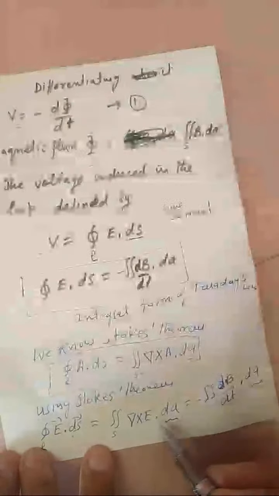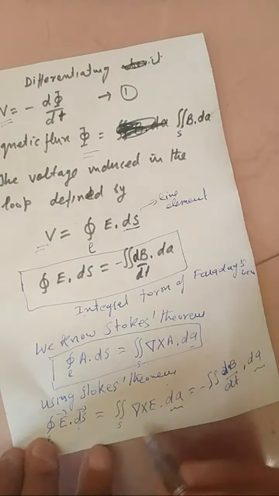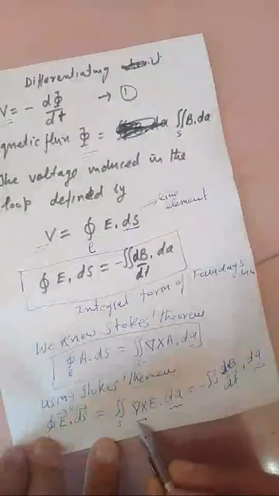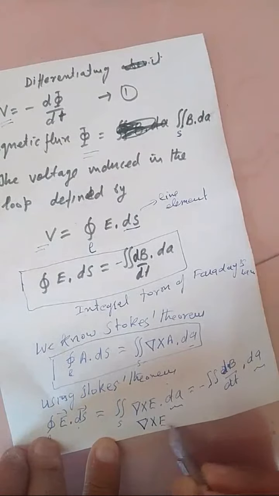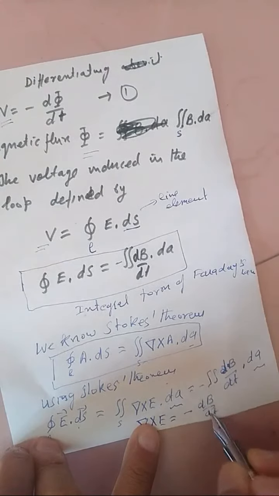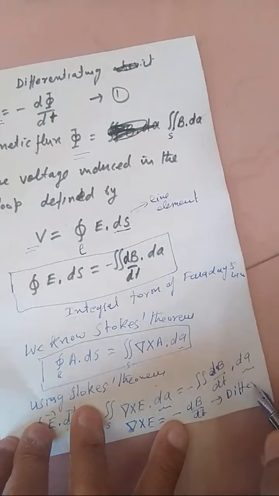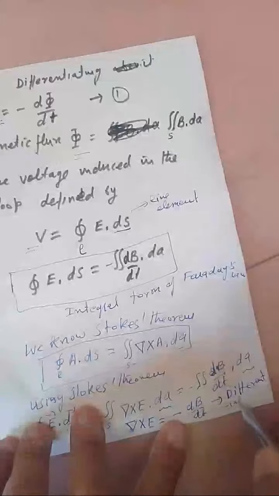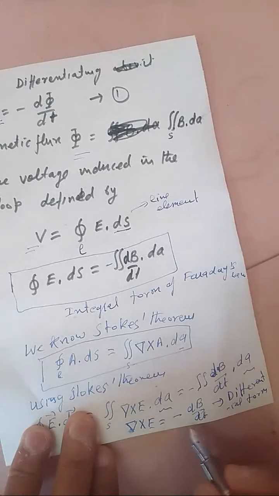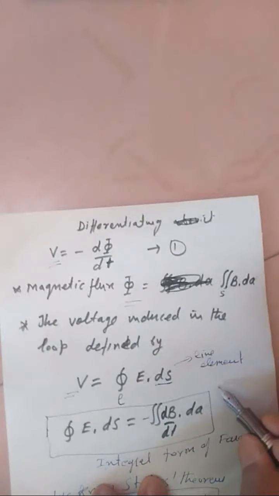So on solving this integration, we get the relation that curl of E is equal to minus dB by dt, and we will call this the differential form. This is the integral form, and the differential form is curl of E is equal to minus dB by dt.